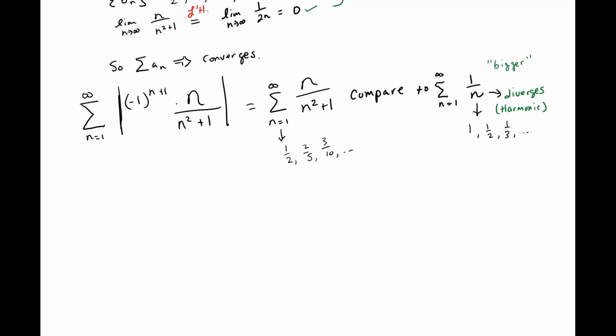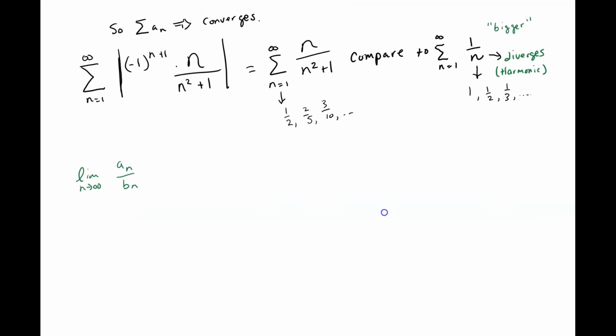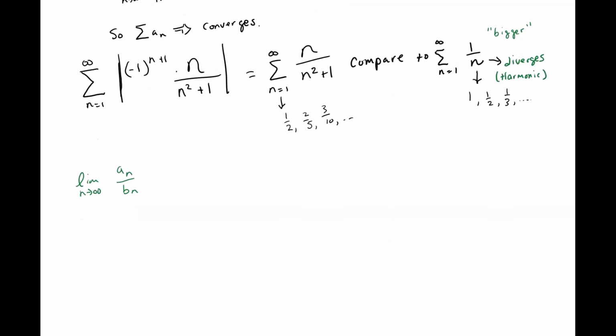So what I can do is the limit comparison test. If you recall, this is the limit as n goes to infinity of a sub n over b sub n. Basically, you're finding the ratio of the two. If you get a limit that's both positive and finite, then you know that it will either converge or diverge depending on what you know. In this case, we know that 1 over n diverges.